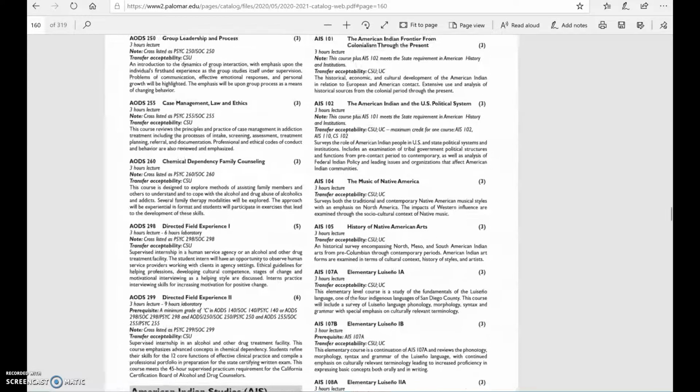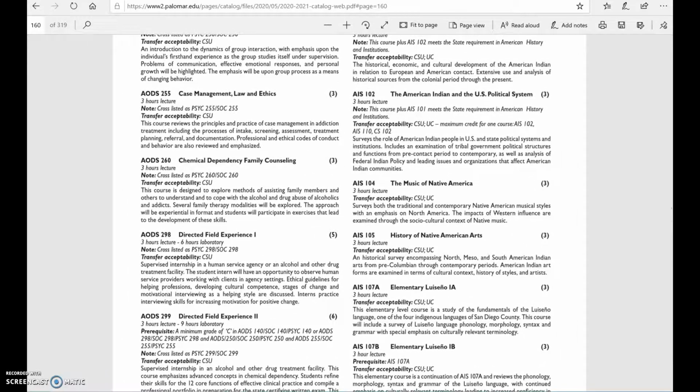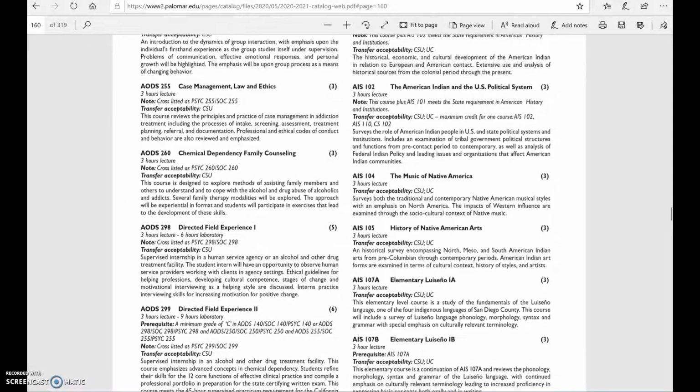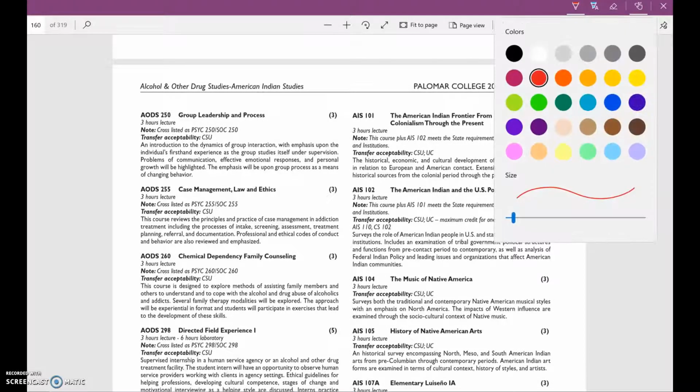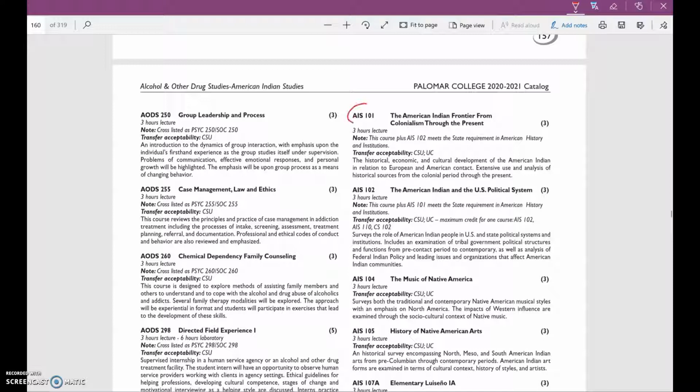And here are all the American Indian Studies courses. But under that section, you'll see that you could only choose the 101 and the 102 that would cover that district requirement. So I'll show you that.